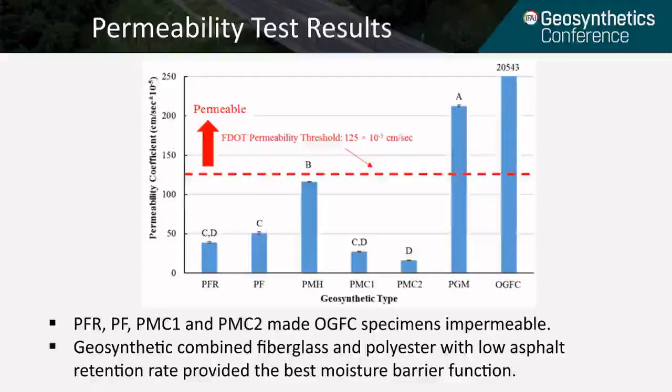We can see geosynthetics combining fiberglass and polyester with no asphalt retention rate, basically PMC1 and PMC2, provided the best moisture barrier function. We also find PGM had much higher permeability than other geosynthetic products. One possible reason is these products might be damaged during the compaction of the top layer.